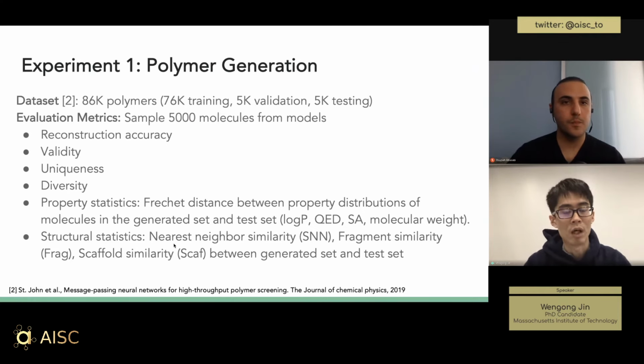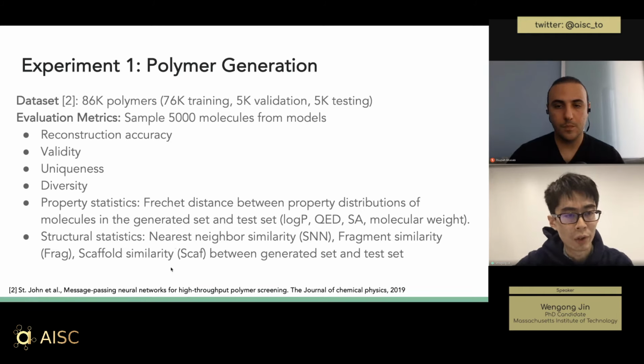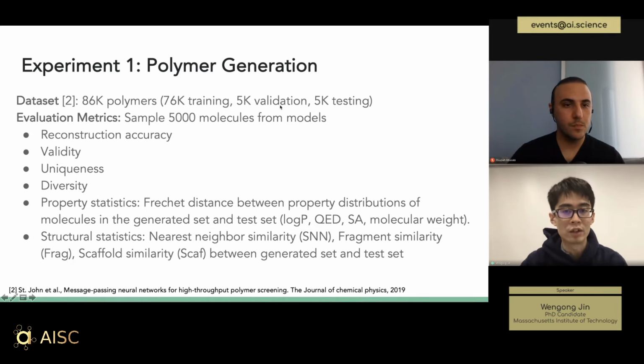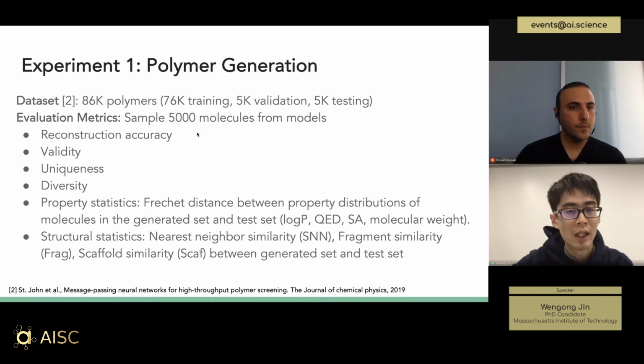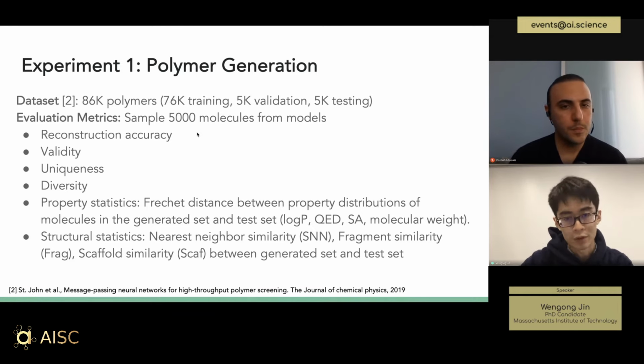We apply this model to our experiment on polymer generation. Here we took a polymer dataset from this paper, which contained 86K polymers. We divided them into 76K for training and 5,000 each for validation and testing. We adopted a variety of evaluation metrics. We first considered the reconstruction accuracy. Basically, we encode a molecule into its latent representation and then learn to decode it back to the molecule.